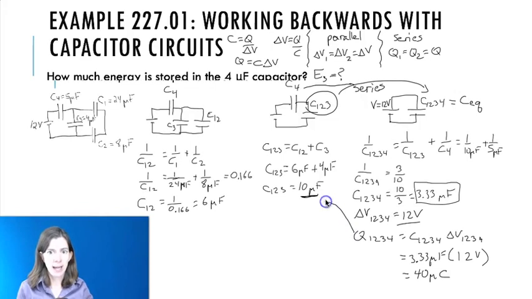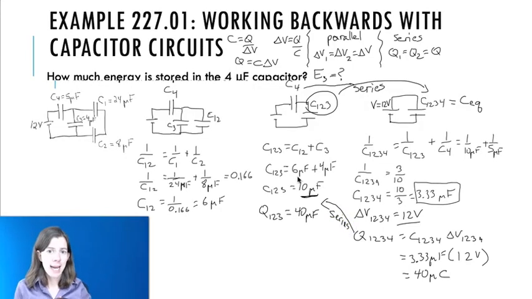We can say, okay, we know the charge on C123, so we'll call it Q123. The charge on C123 is the same as the charge on C1234, so it's 40 microcoulombs. So because these two were in series to get to the equivalent, we brought back the charge. We can write series here if you want to, whatever helps you sleep at night, whatever you prefer to do.